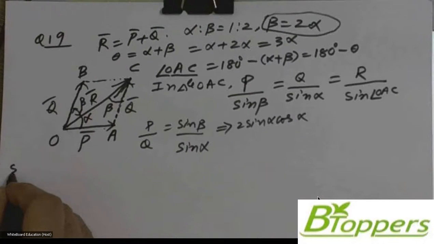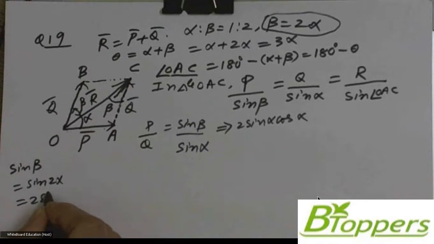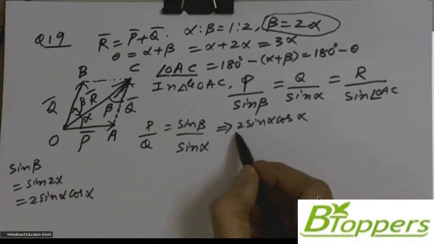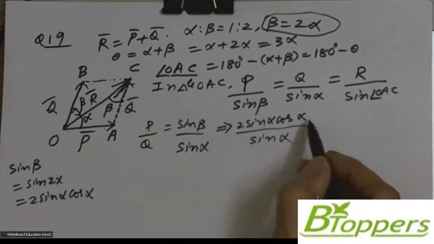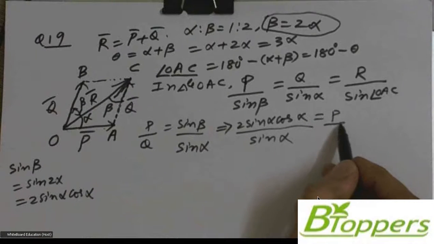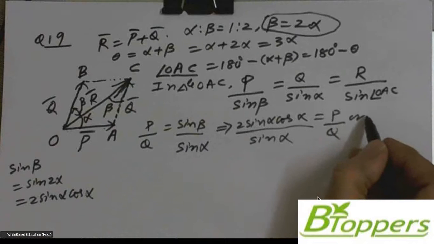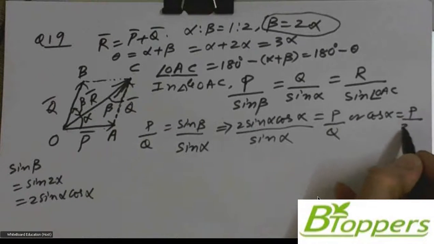In trigonometry we have one formula: sine 2 theta equals 2 sine theta cos theta. So sine 2 alpha you can write as 2 sine alpha cos alpha divided by sine alpha. That you can write as P by Q. So from that you get cos alpha equal to P by 2Q.